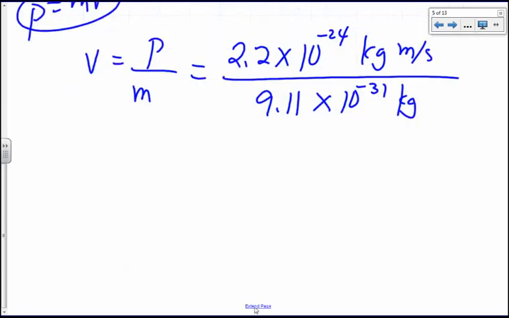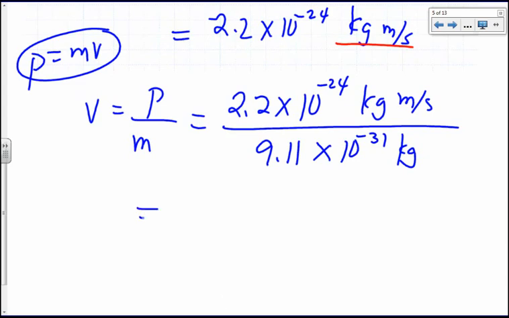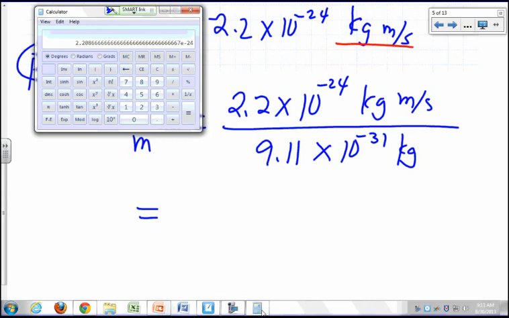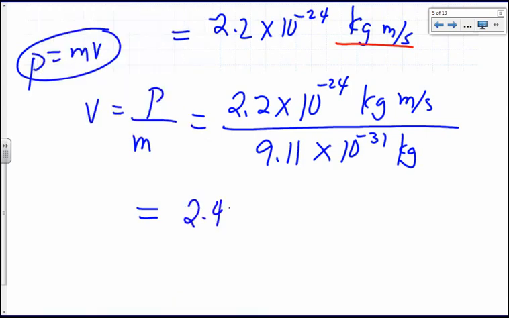So what would that be? I have 2.2 times 10 to the negative 24 divided by 9.11 times 10 to the negative 31 kilograms. That gives me, in exponential notation, 2.42 times 10 to the 6 meters per second.